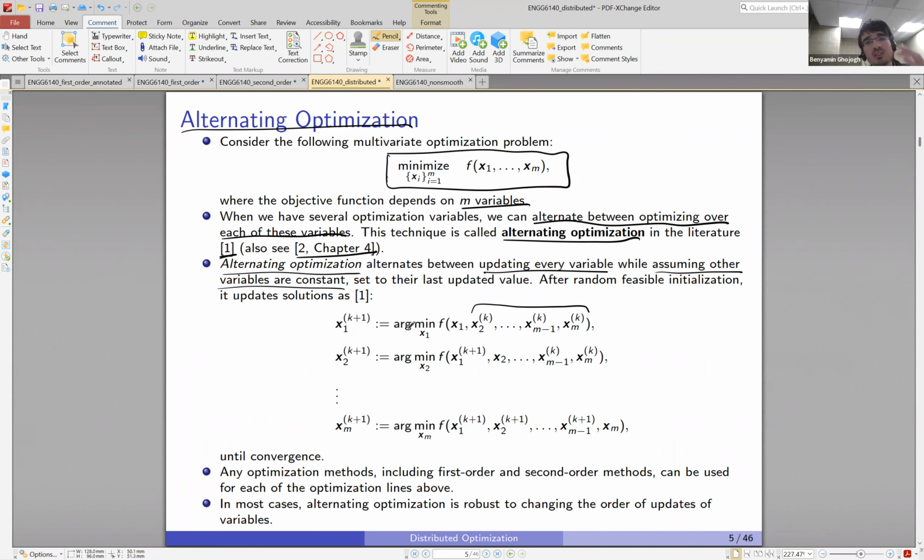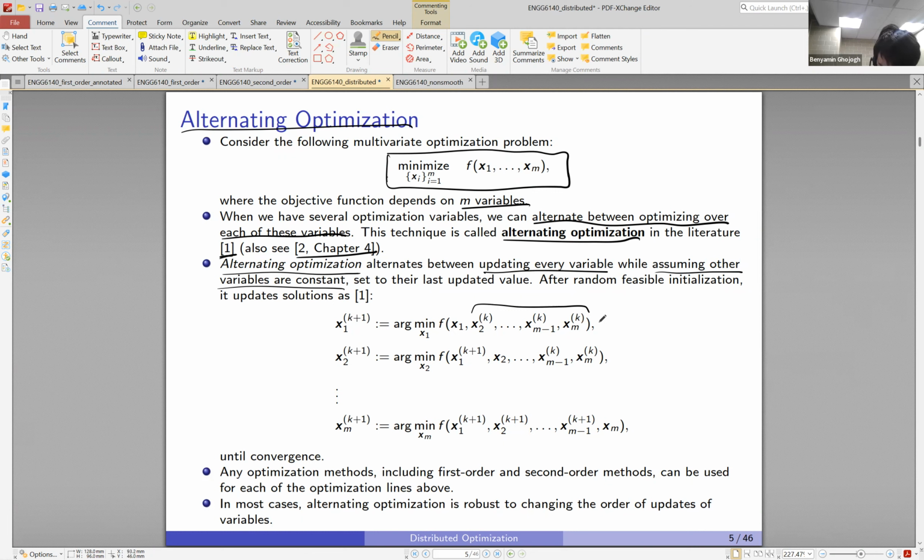It's not with respect to x2 and x3, so these are just constants. And what do I put for these constants? I put their value in the previous iteration. Now I'm in iteration k plus 1, so I put their value from iteration k.